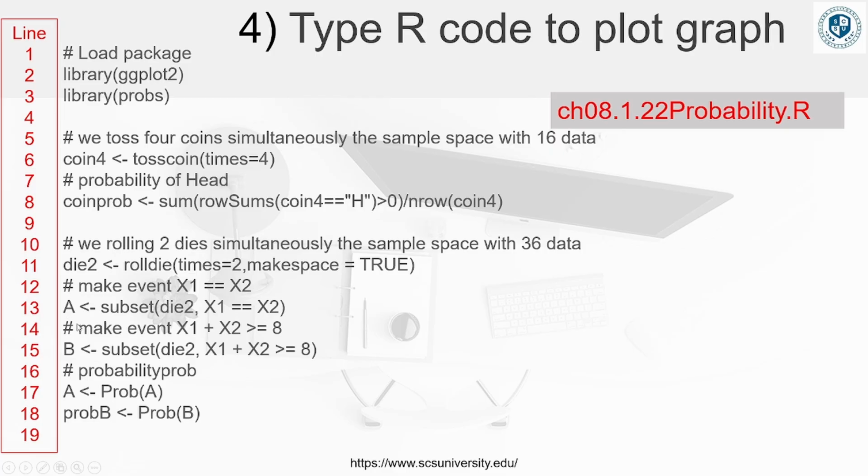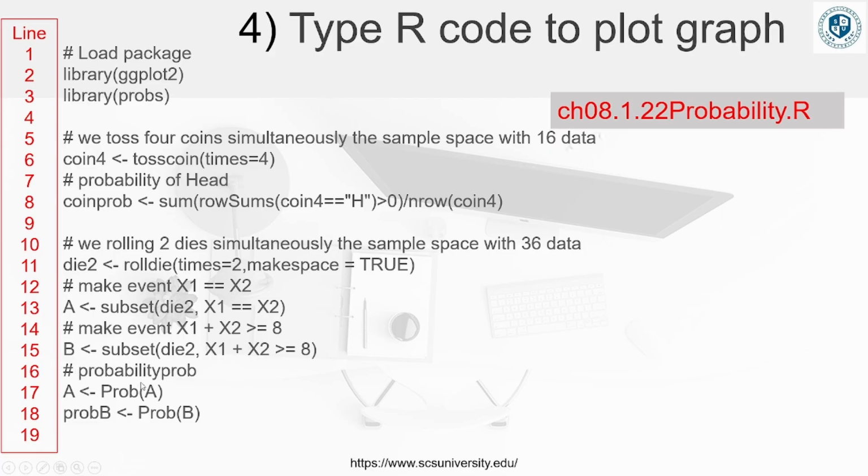Line number 13, A <- subset(die2, X1 == X2). Line number 14 sharp, make event x1 plus x2 equals 8. It is a comment line. Line number 15, B <- subset(die2, X1 + X2 >= 8).